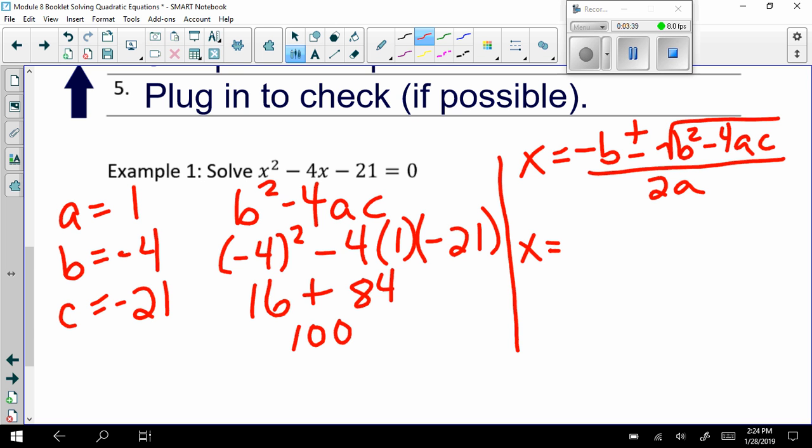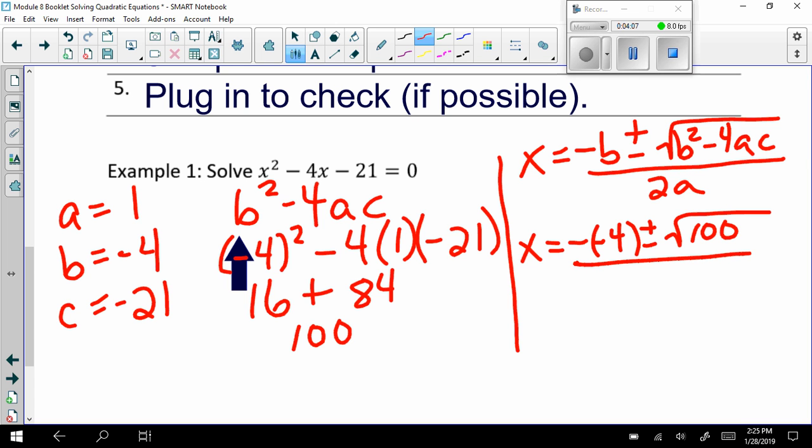Now here's what I'm going to do. I'm going to replace the b with negative 4. Be careful because that's negative. So that negative stays, and I'm replacing just the b with negative 4. Plus or minus, big square root. I'm not going to plug in all of the b squared minus 4ac. I already did it. It's right here. That's 100. I just do that because it helps me to keep my work a little bit neater.